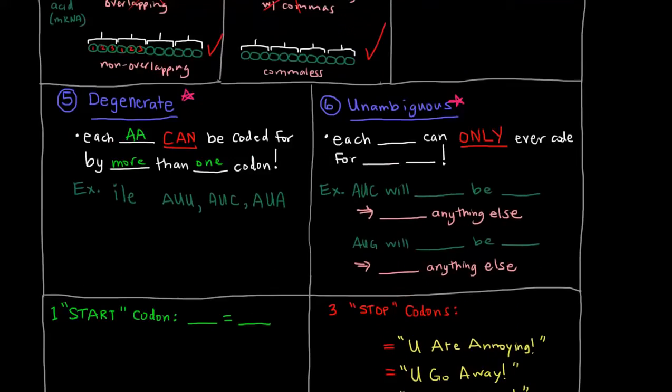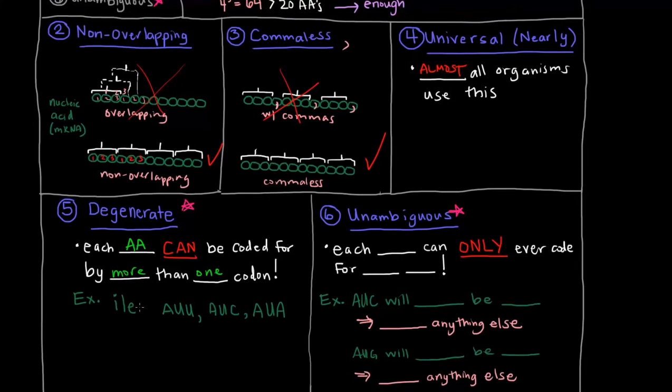If you have AUU, it will always be isoleucine. If you have AUC, it will always be isoleucine. AUA, it will always be isoleucine. But if you have isoleucine, you don't know if it's necessarily AUU, AUC, or AUA.